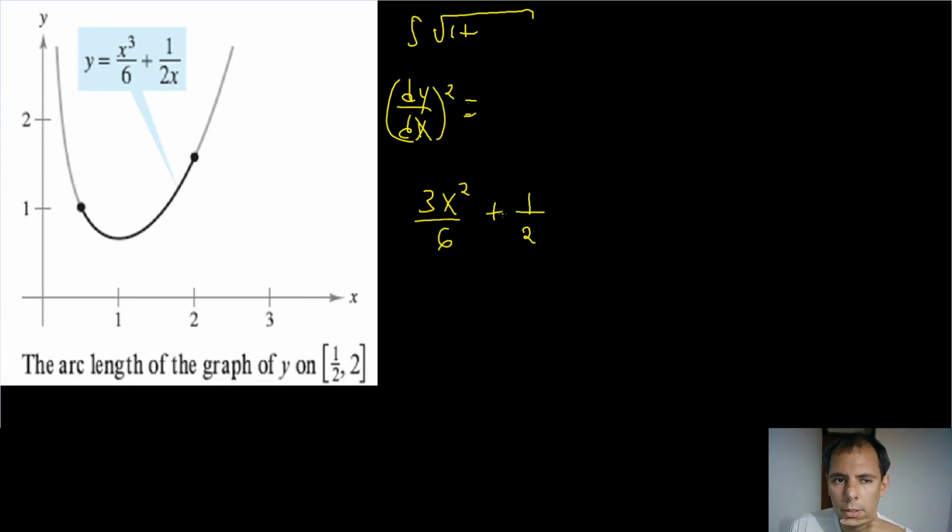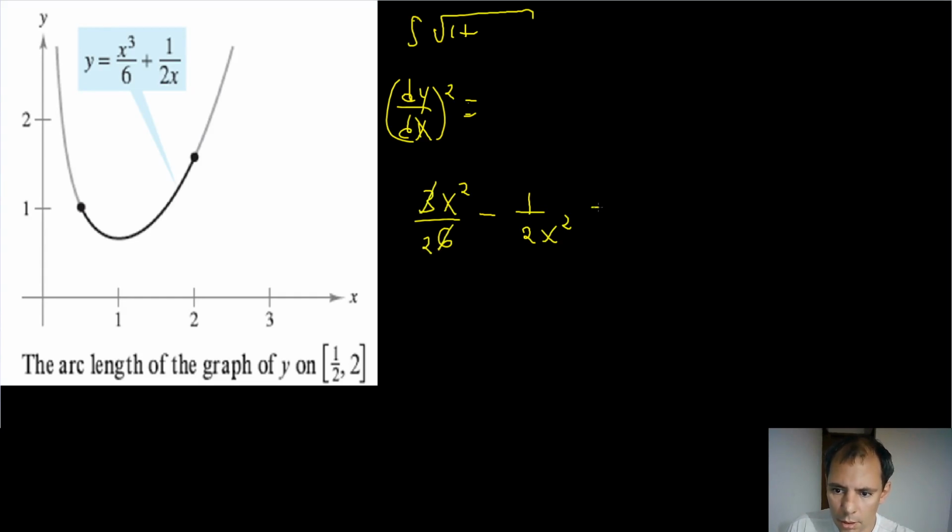Right, it'll be minus 1 x to the minus 2. So you're going to do this, and this plus is going to become a minus. Minus 1 x to the minus 2. Right, there you go.